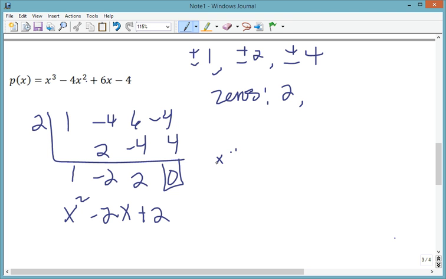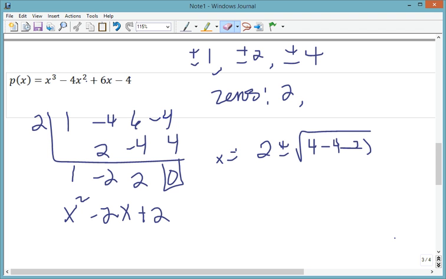So that would be that x is equal to negative b, so b is negative 2, so plus 2, plus or minus the square root, b squared would be 4 minus 4 times 1 times 2, over 2a.